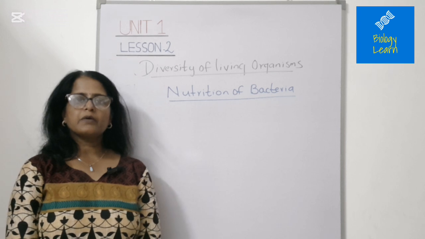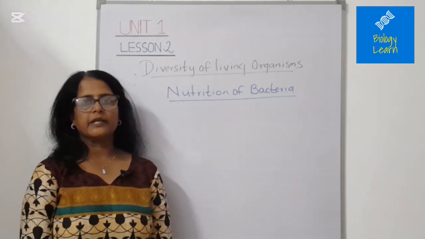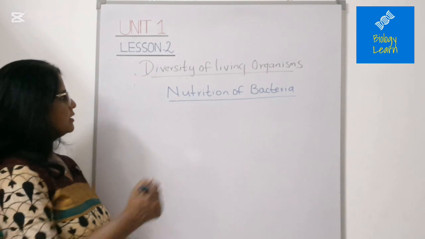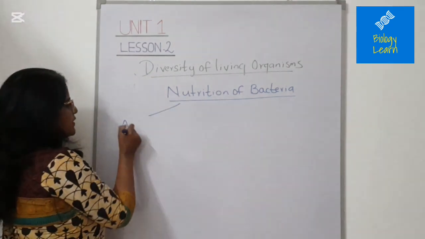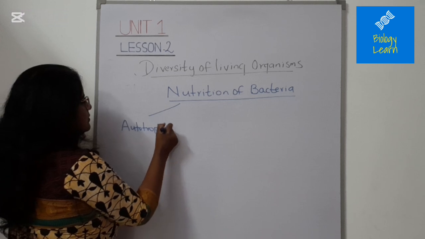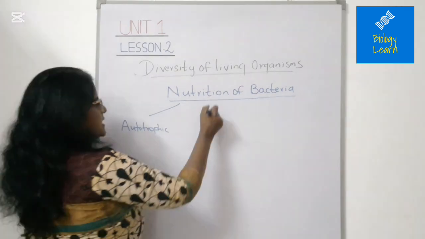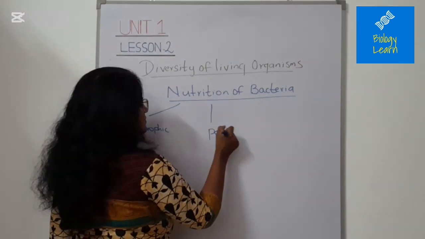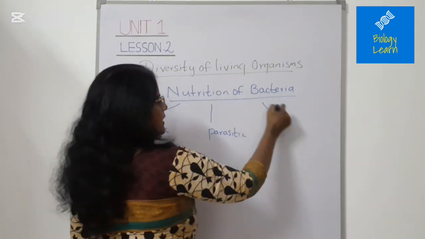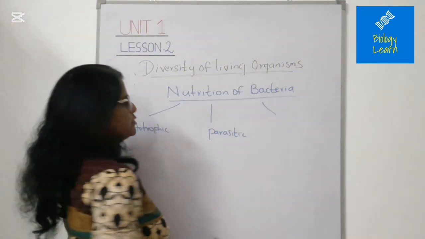So there are three main types of nutrition: autotrophic nutrition, parasitic nutrition, and the third one is saprotrophic nutrition.